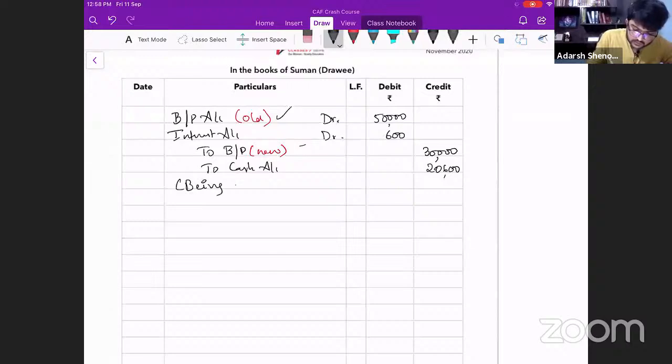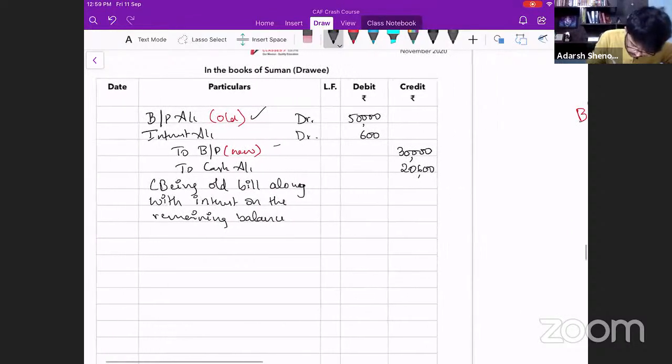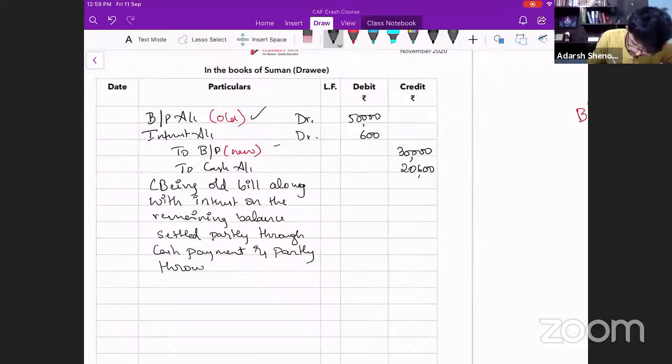Being old bill along with interest on the remaining balance settled partly through cash payment and partly through a new bill. That is also fine, Srikanth.